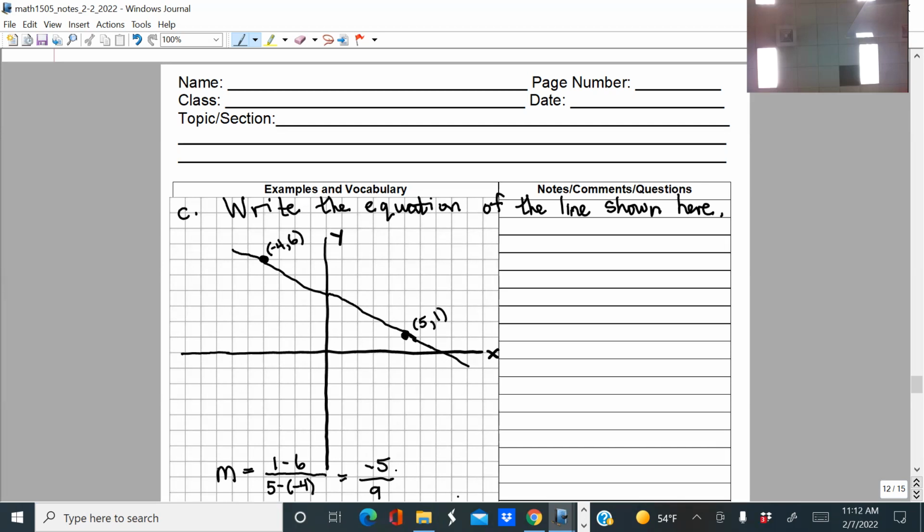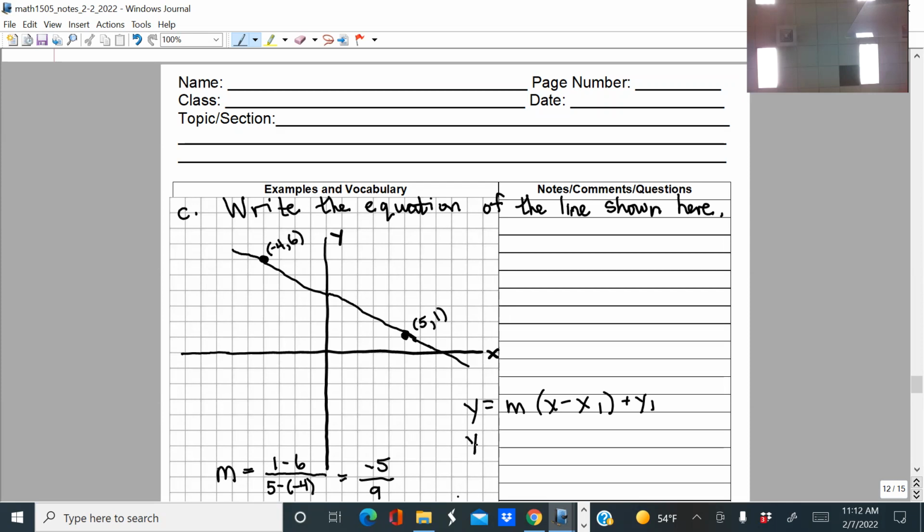This is the easy part, because once you've got the slope, that's really the key thing in writing down the equation for the line. All you have to do is use point slope form. Remember that point slope form is y equals the slope times x minus the x coordinate of some point on the line, any point on the line, and then plus the y coordinate of that same point.